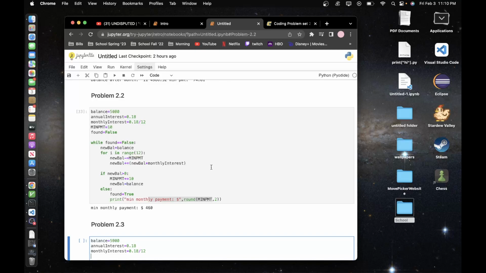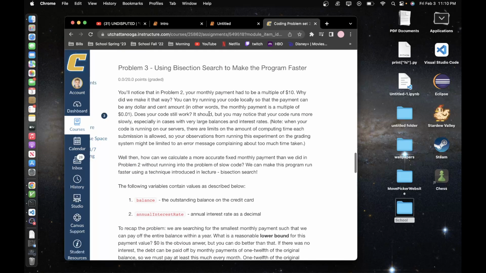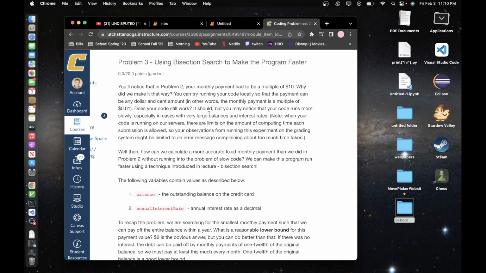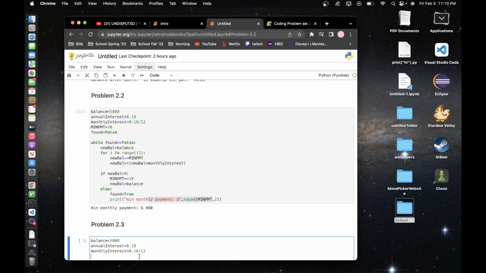So for this problem, it said to use a lower bound and upper bound to make this search process faster, and it said that the lower bound was like a 1/12 of the balance.